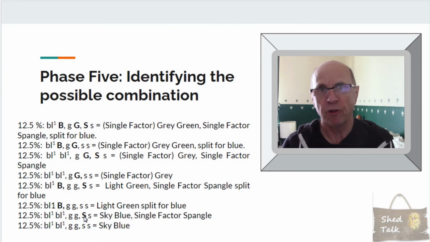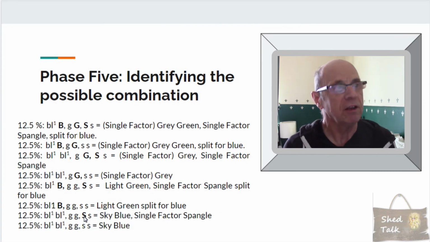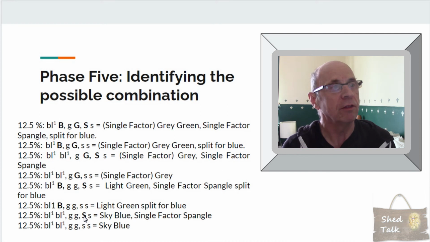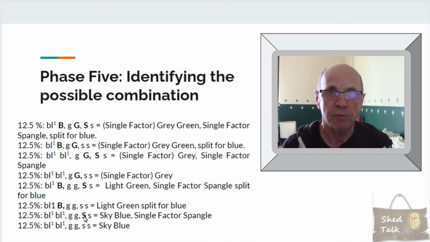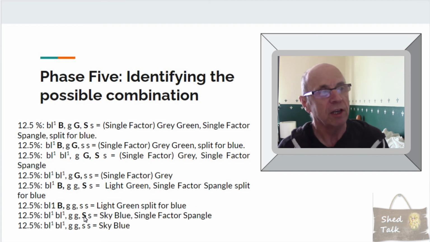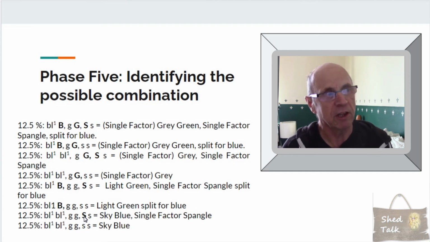Okay, so we're now on to phase 5, looking at the various possible outcomes of the birds, and I've written them down here, and as you can see I've put the percentage possible outcome for each of these. Each of them has a 12.5% possibility of one of the birds producing this.